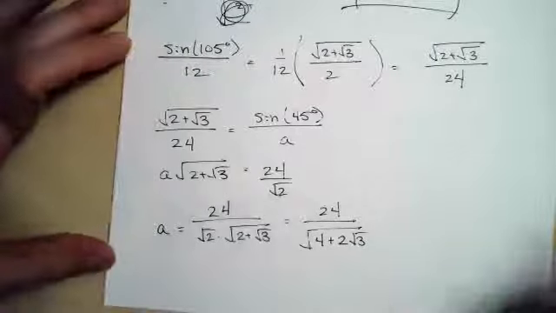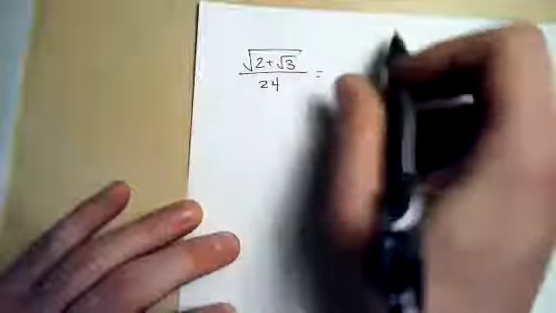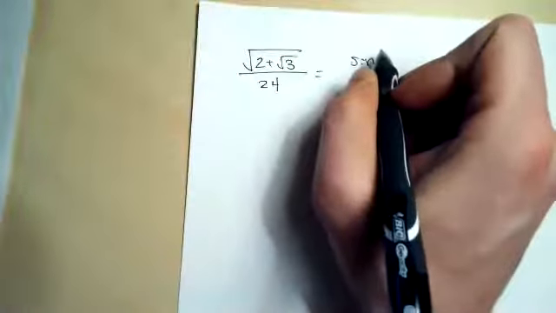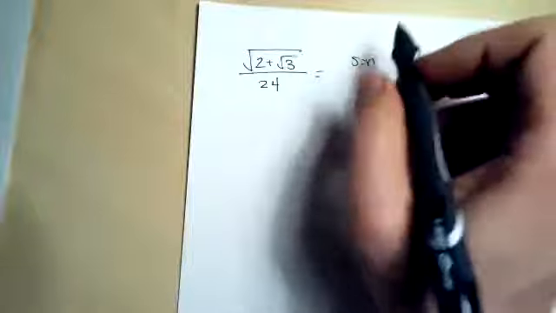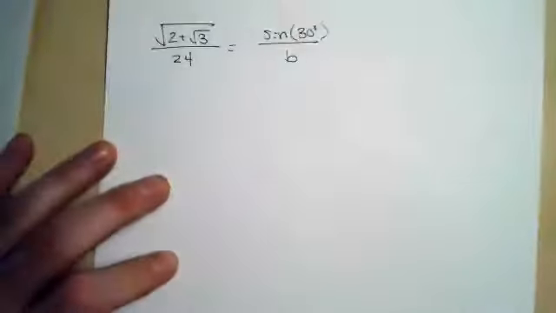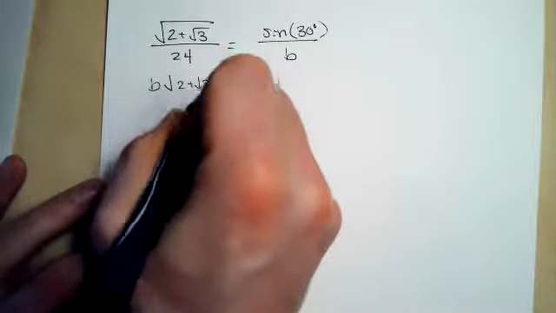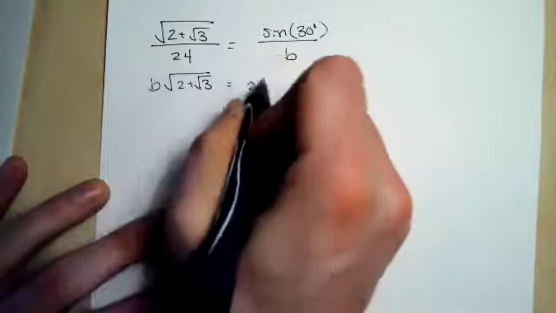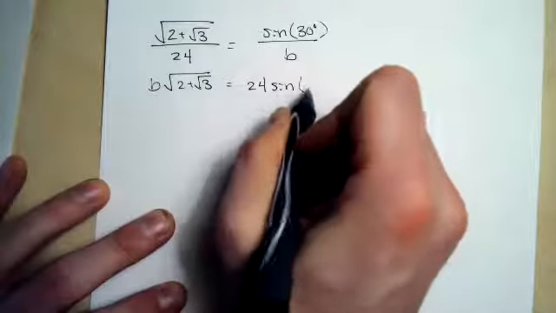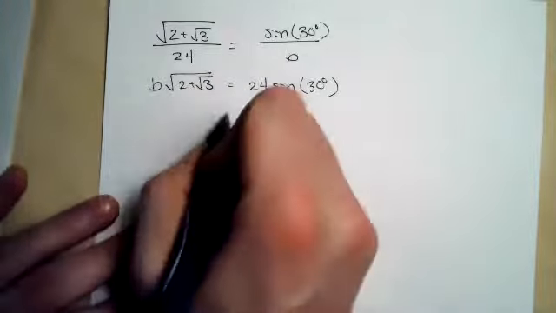The last one, so we do B the same way. We start with our common ratio, square root of 2 plus square root of 3 over 24, was now sine of 30 degrees over B. Cross multiply again. Compute sine of 30.